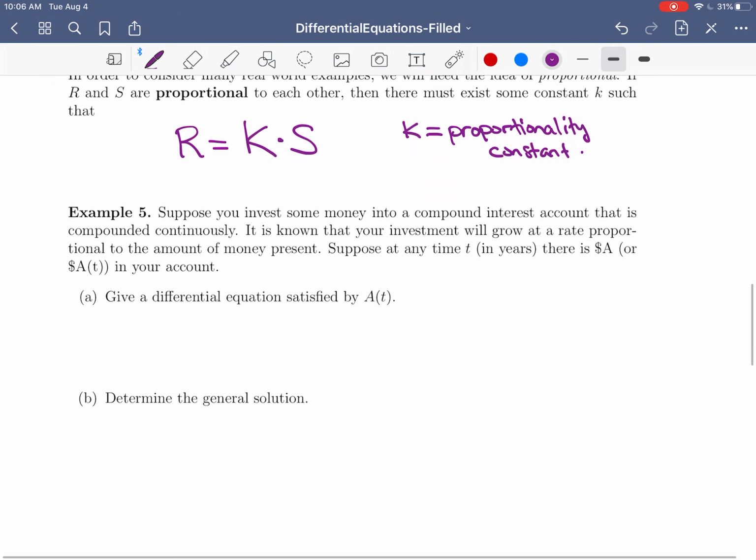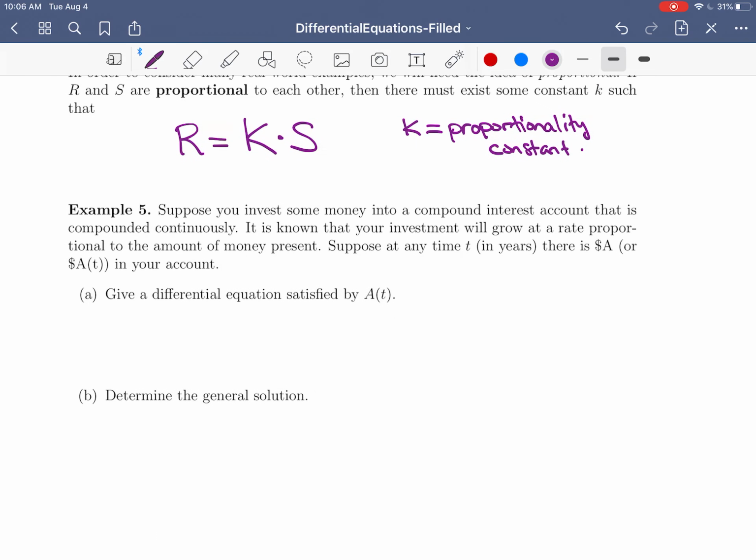One example is when you invest money in a compound interest account, one that's compounded continuously. Then we know that your investment grows at a rate that's proportional to the amount of money that's there. So if you have $A at any time t, so A of t is the amount in your account, then we get a differential equation that relates A and t.